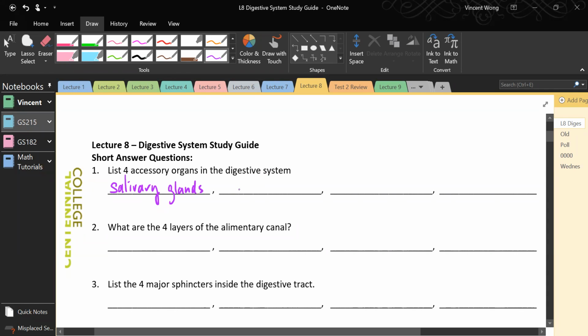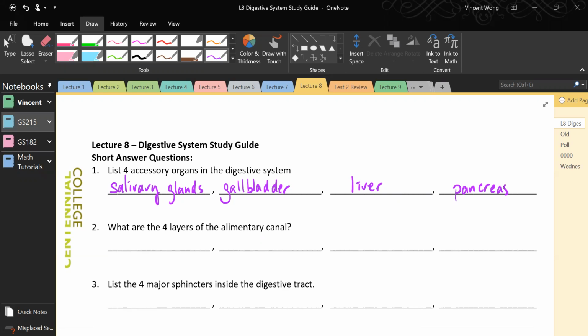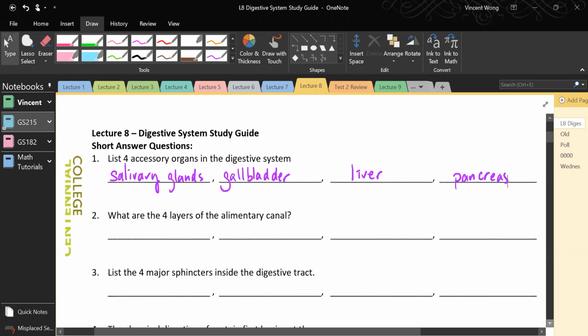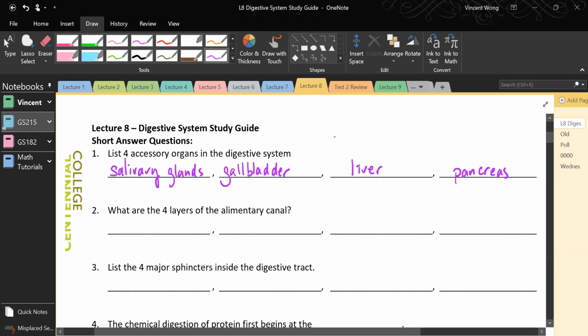Another example of accessory organ would be gallbladder. We also have the liver as well as the pancreas. Okay, so these are all the accessory organs that we have. Again, they secrete enzymes and digestive mixtures into your GI tract.